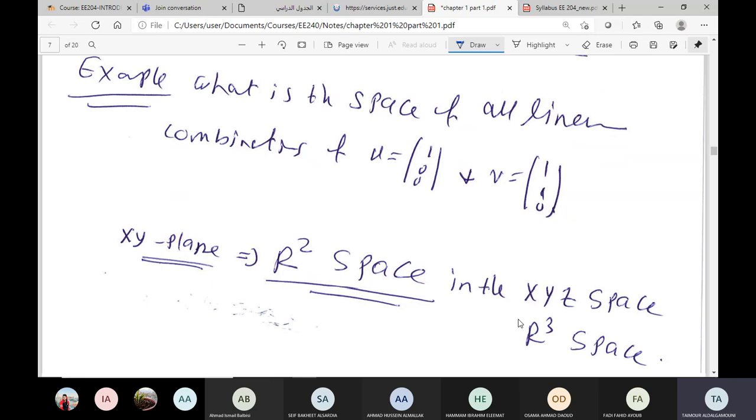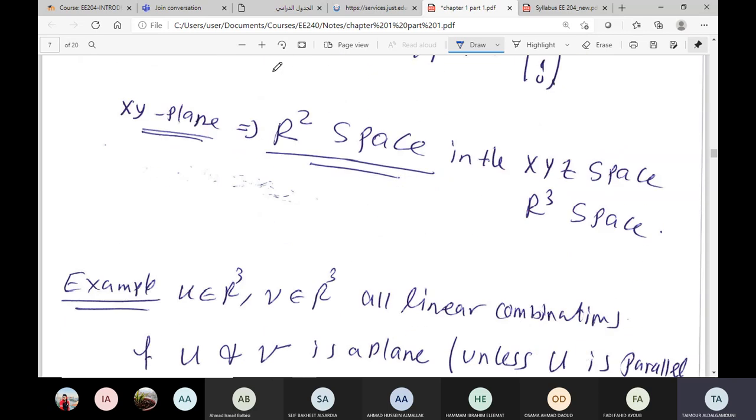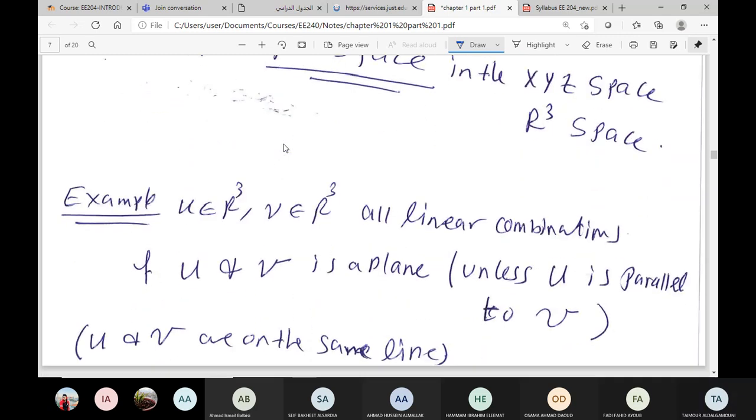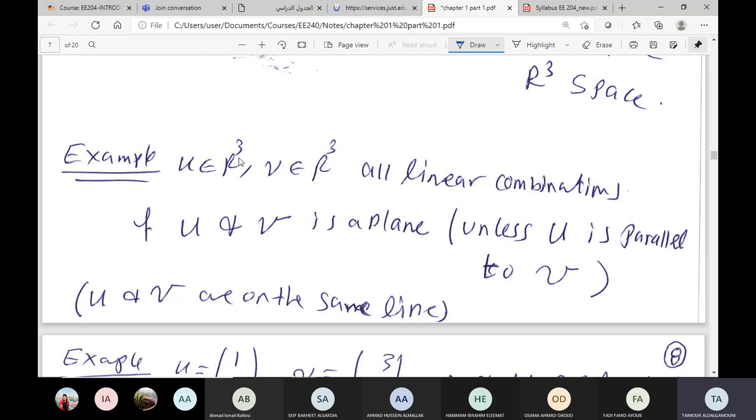So this is the XY plane in R3. So if U belongs to R3 and V belongs to R3, all linear combinations of U and V form a plane.